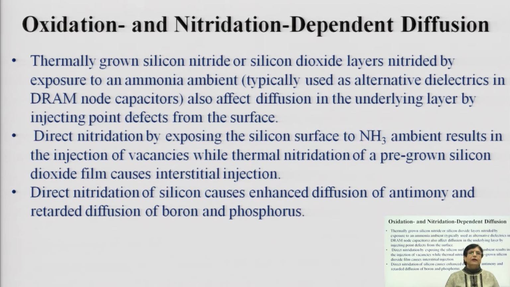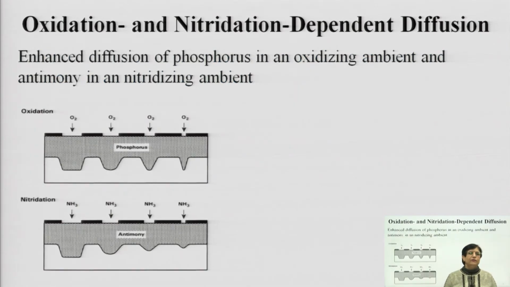If you are exposing it to nitric acid as well, there is an increase in the interstitials, and these interstitials are basically point defects which will result in enhanced diffusivity.